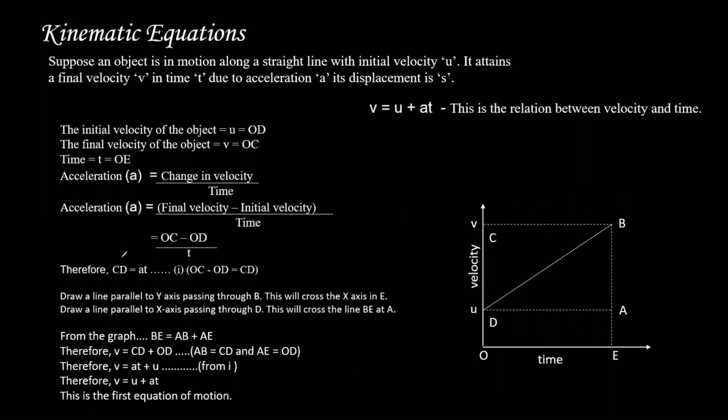Okay, so over here, I write CD is equal to at. Why? Because OC minus OD is equal to CD by t is equal to acceleration, equal to a. तो ये जो t है ना वो सिर्फ इधर शिफ्ट किया मैंने, तो CD is equal to at. This is what I got.